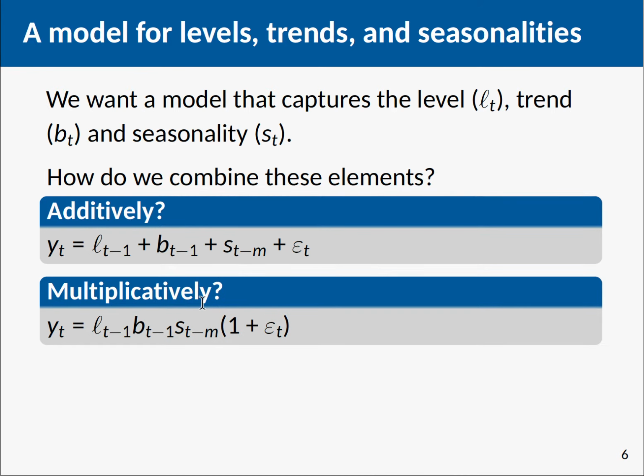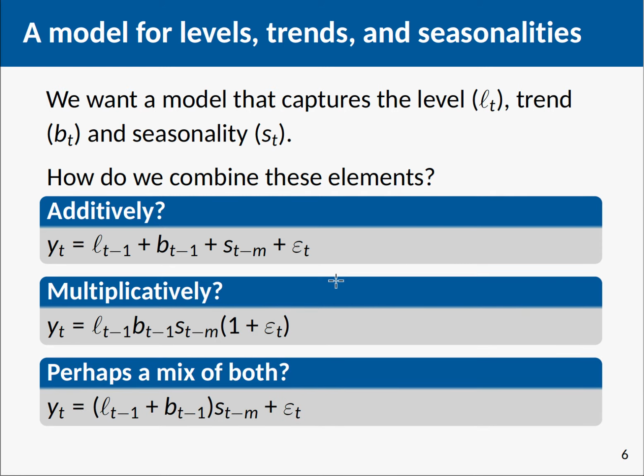We could also think about a multiplicative model where these components are in fact multiplied with each other. So notice here the first component is just the product of the level, the trend, and the seasonality. And the last component is some sort of a remainder that we can't explain, okay? But that also comes from what we can explain from each of these components.